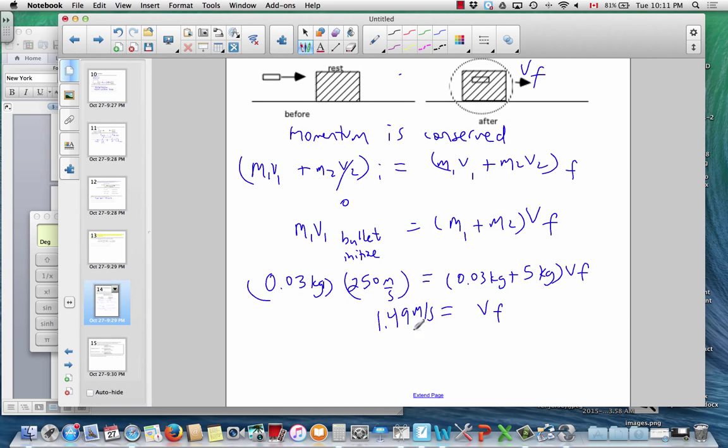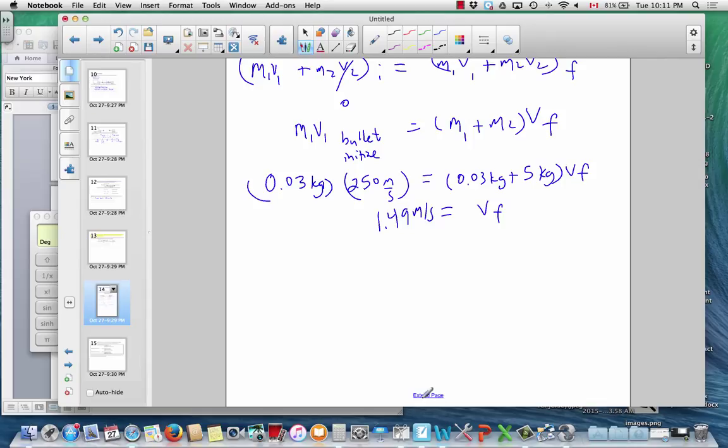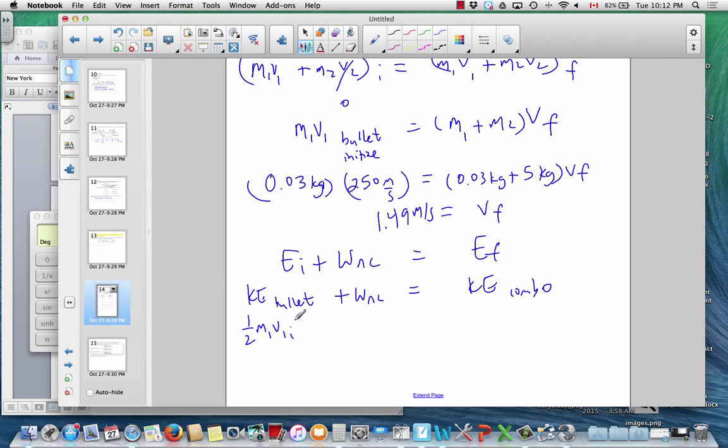Now, although the momentum was conserved in this example, the mechanical energy is not. We start off with kinetic energy of the bullet, and then we end up with the kinetic energy of the combo. And collisions generate significant amounts of heat, as we're going to see through this calculation.